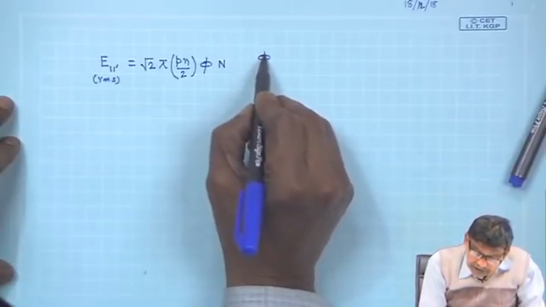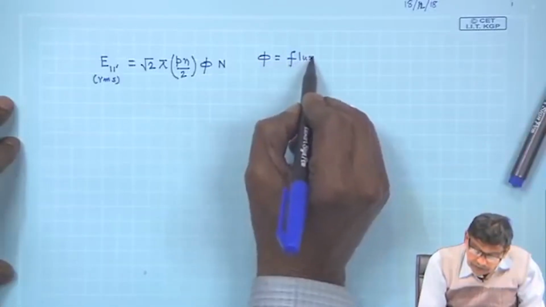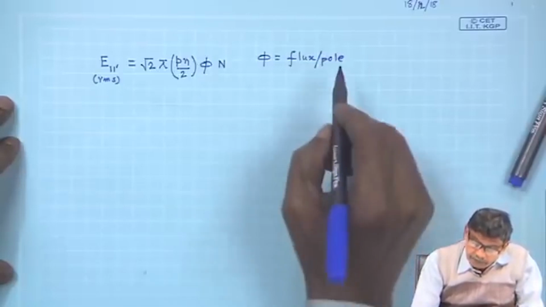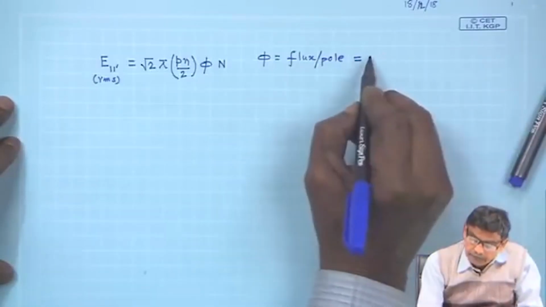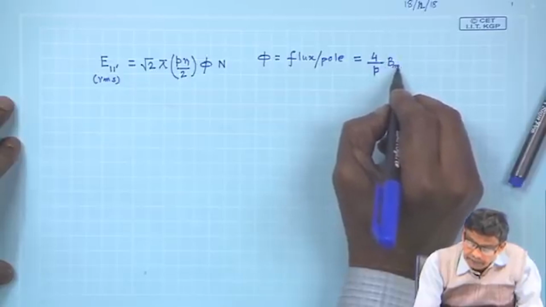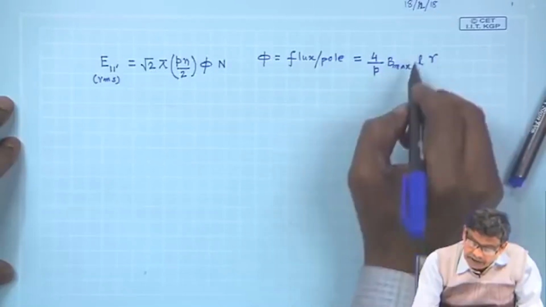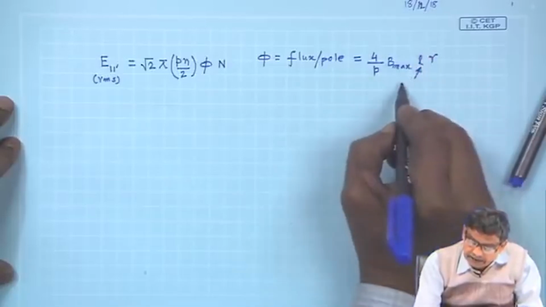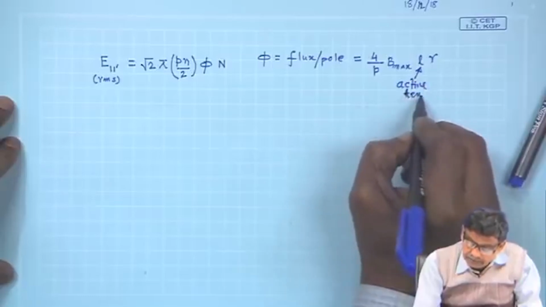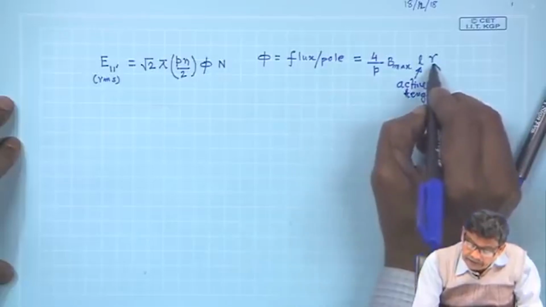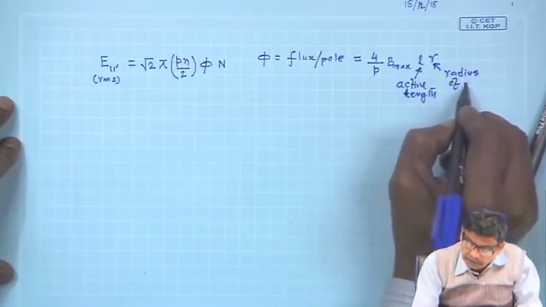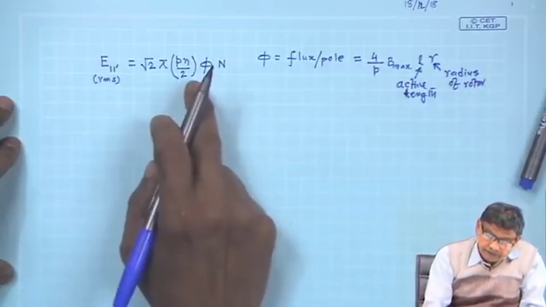Phi is the flux per pole, in Weber per pole, and its expression for a multipolar machine we derived as 4 by P, B max, L into R. L is the length of the machine, that is the active length of the conductor, and R is the radius of the rotor. So, this is in terms of flux per pole.